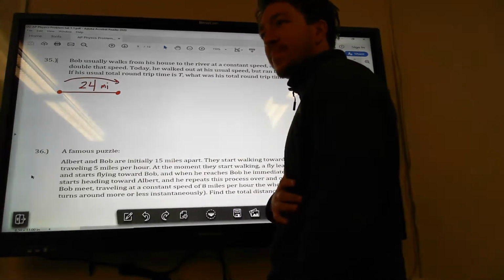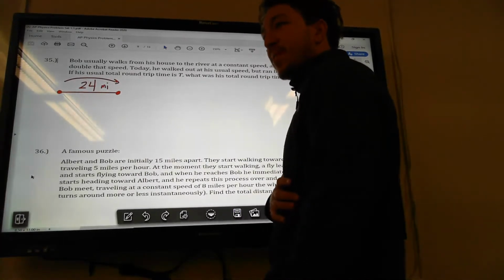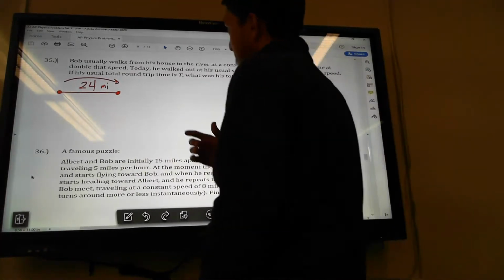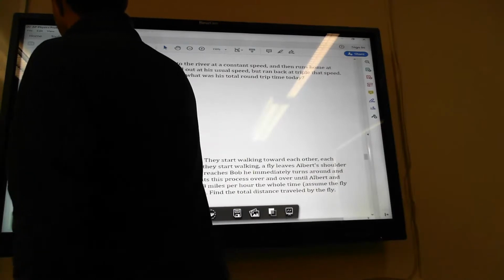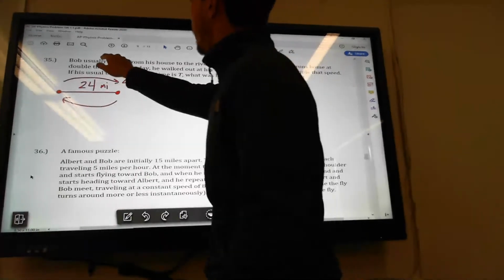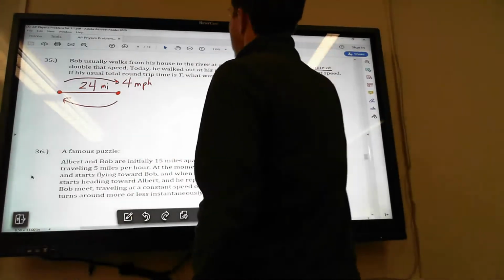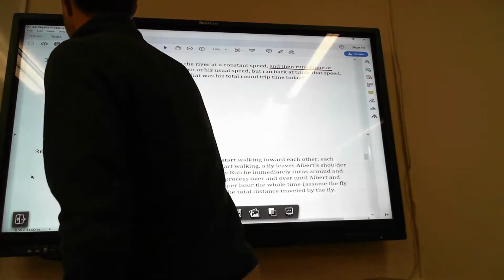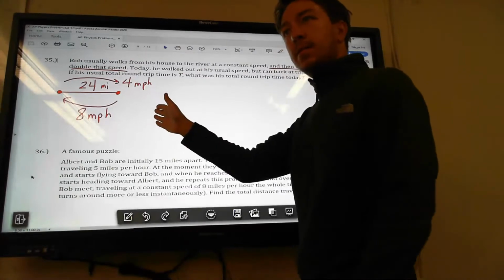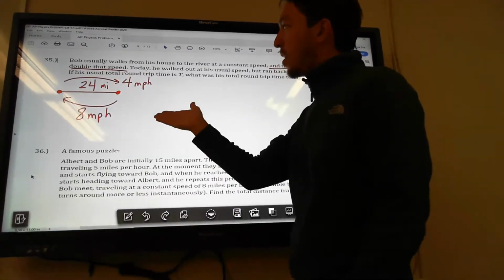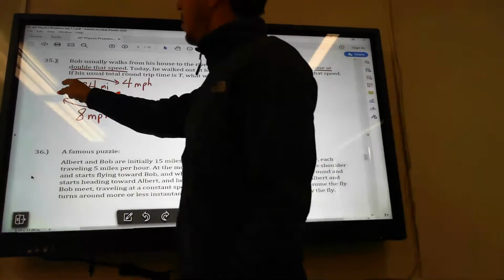You want it to be 4? Okay, I like that. Let's say he walks 4 miles per hour. And then what would he return? How fast would he return if we're following this? 8 miles an hour. Very good, 8 miles per hour. Okay, so that's scenario A. So how long does this trip take then?